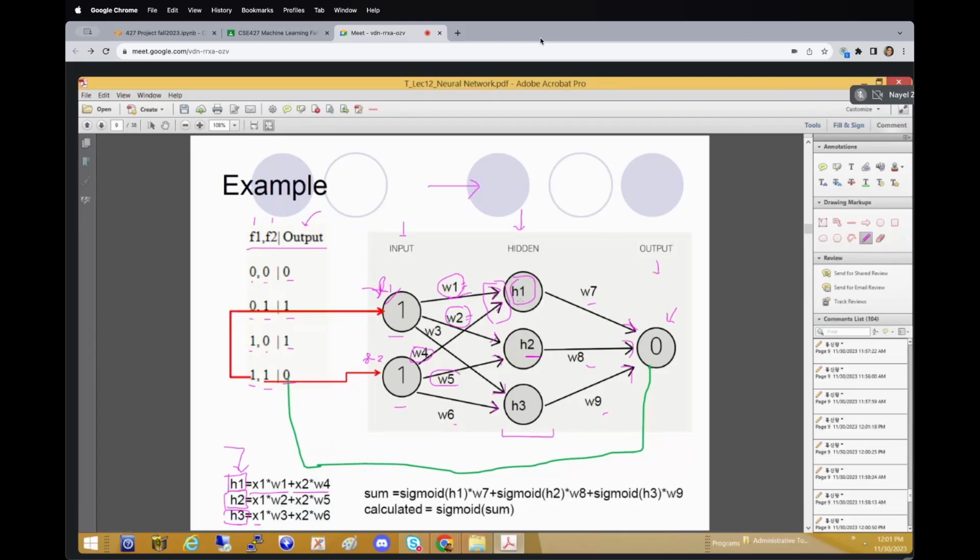Okay, so that means we will get the values of h1, h2, and h3. Now we can see that those values we got from the linear equations, just a linear combination of inputs and their weights.